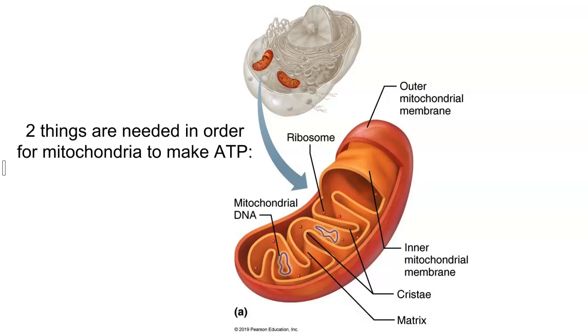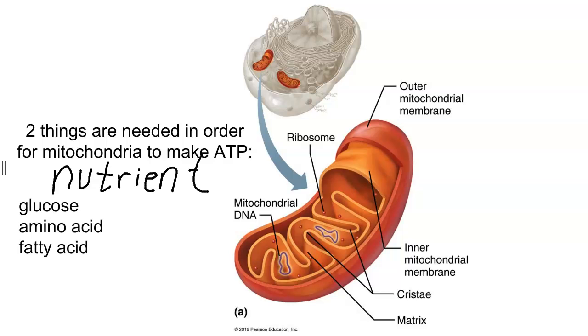There are two requirements that mitochondria must have. The mitochondria has to have a nutrient source, whether it's glucose or amino acid or fatty acid. And the other requirement is oxygen.